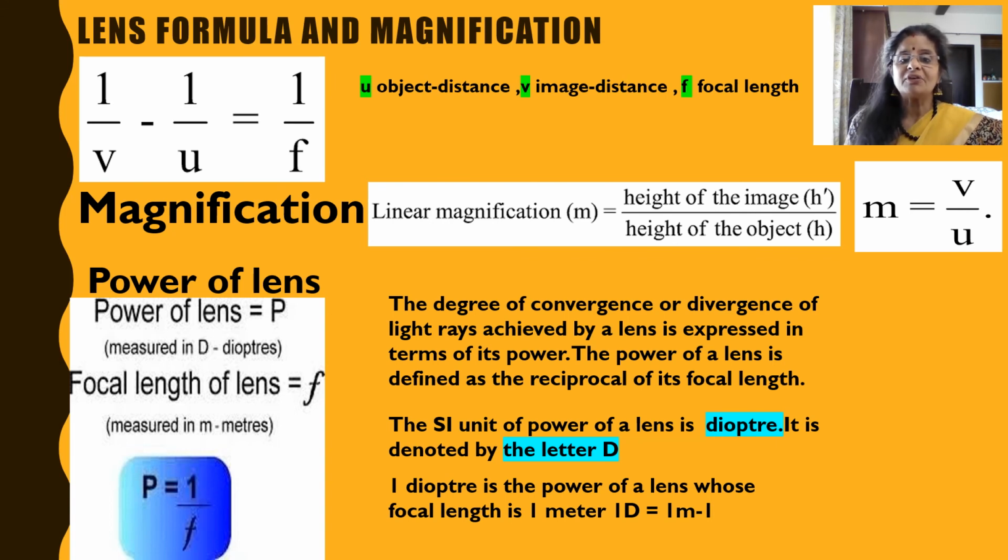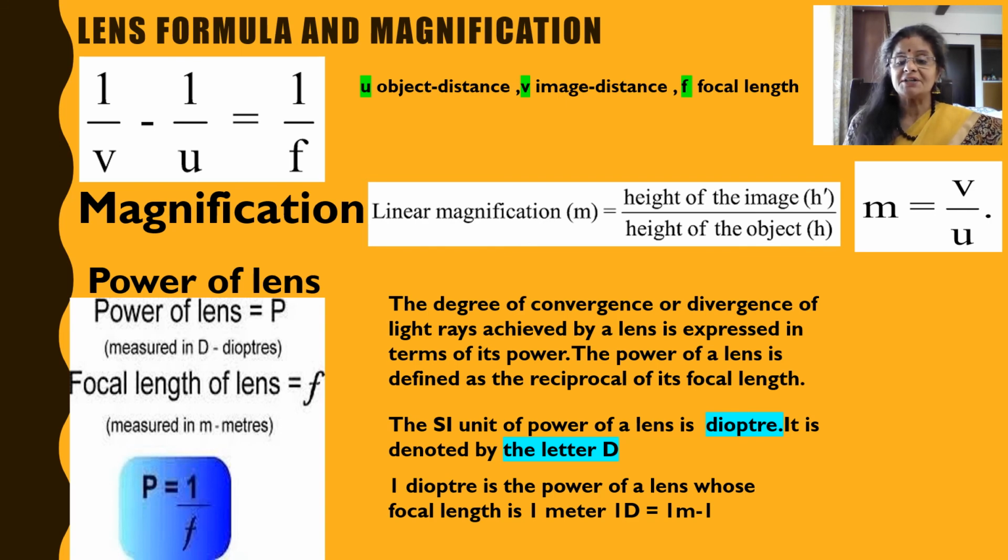Now, power of lens. What is power of lens? The degree of convergence or divergence of light rays achieved by a lens is expressed in terms of its power. The power of a lens is defined as the reciprocal of its focal length.